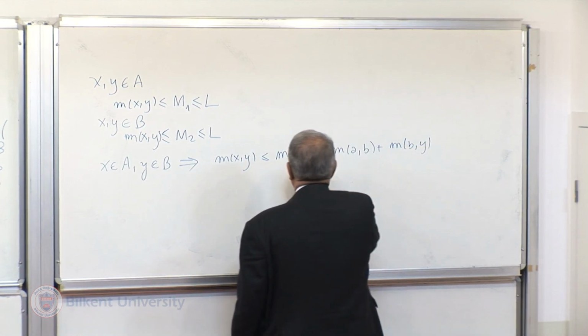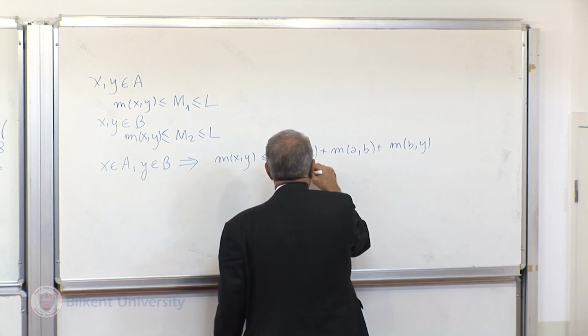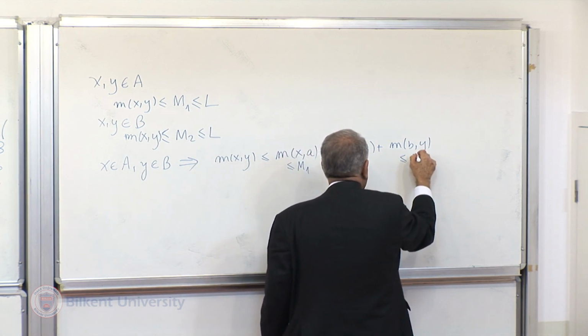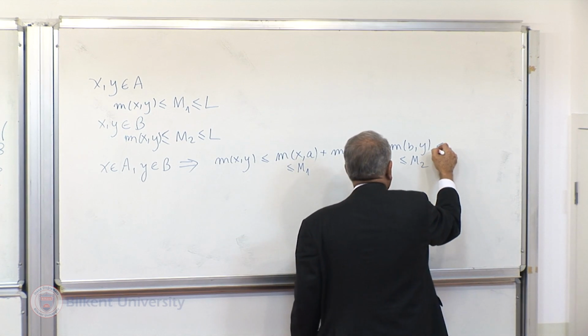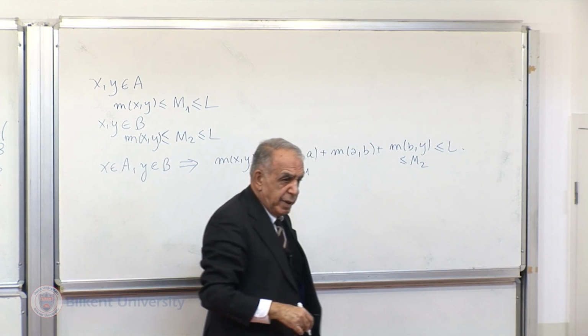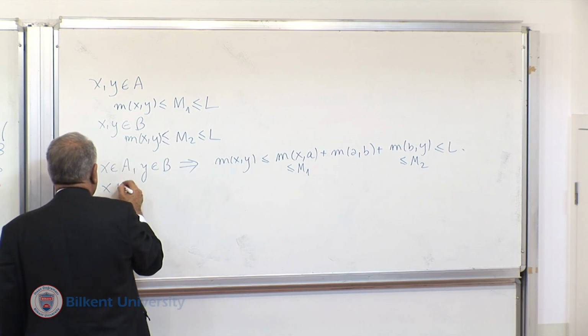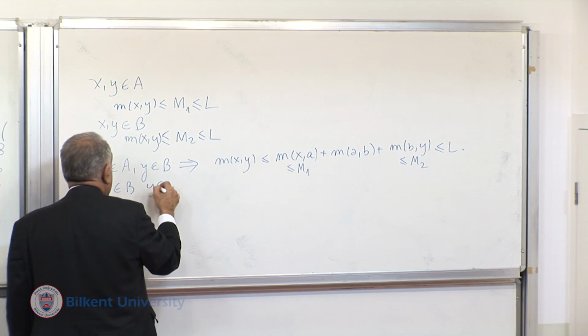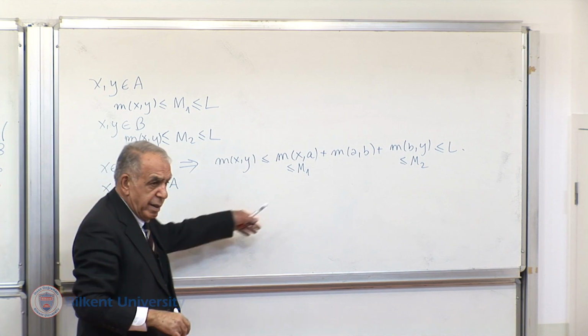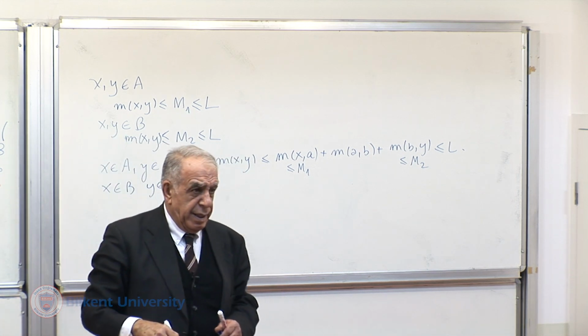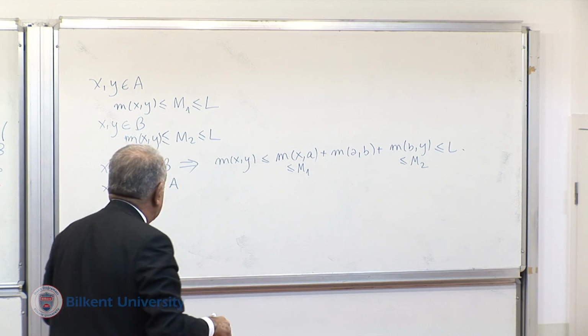But now this is less than or equal to M1, this is less than or equal to M2, so this is less than or equal to L. Well, if x is in B, y is in A, you proceed similarly. So this shows that A union B is bounded.